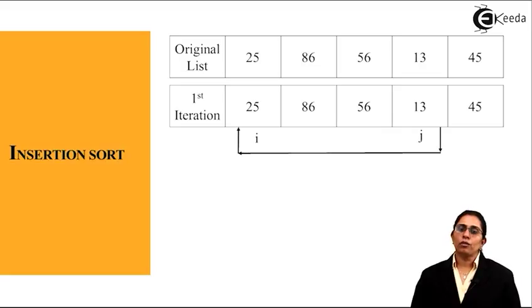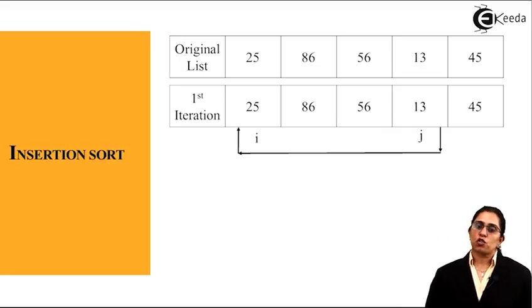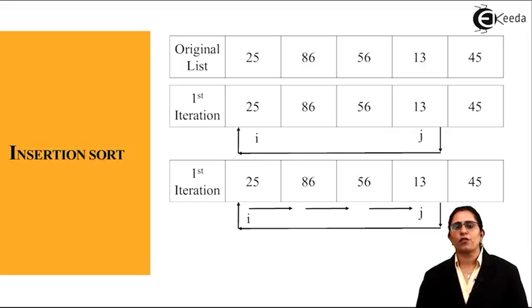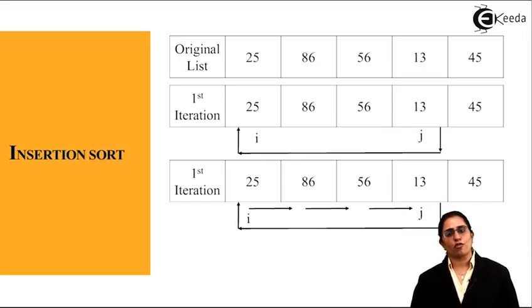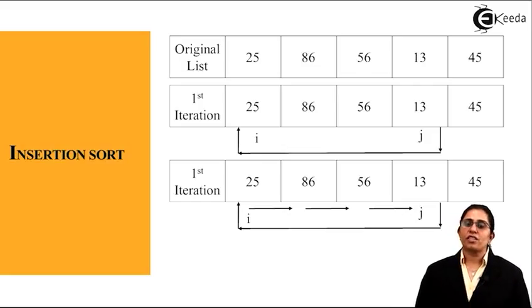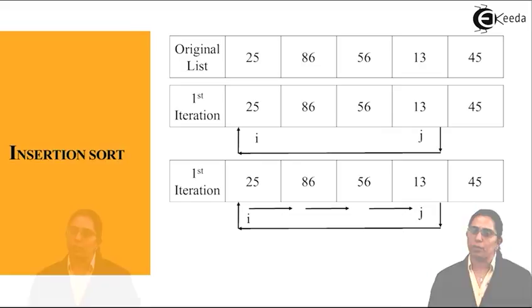Now what will we do? We don't have a deck of cards, we have arrays. So what are we supposed to do? We are supposed to move the element 13 to the location of 25, and 56 to the location of 13, 86 to the location of 56 and 25 to the location of 86. This is how it will be done. The actual algorithm implementation we will see in some time.